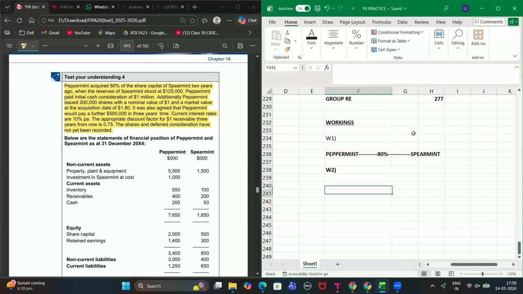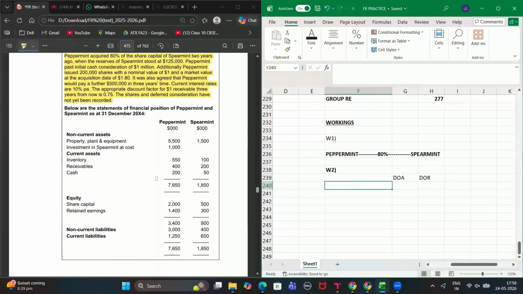We have a date of acquisition and a date of reporting. So what is the first thing that we will consider in working two?